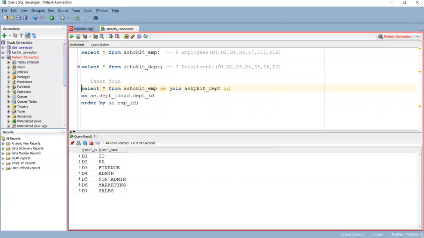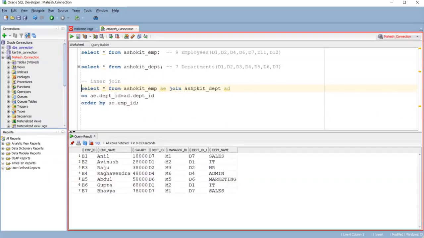Right or not? Okay. See, sir. Observe carefully and confirm, sir. On the employee table, we have 4 columns: employee ID, employee name, salary, and the department ID, which is the department manager ID. In the department table, we have only 2 columns: department ID and the department name. Could you please confirm?